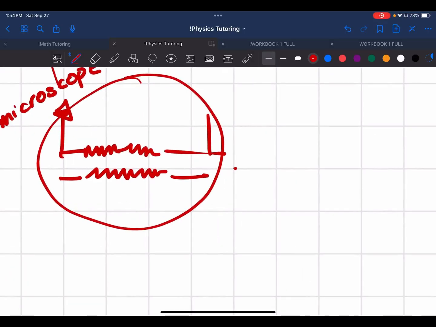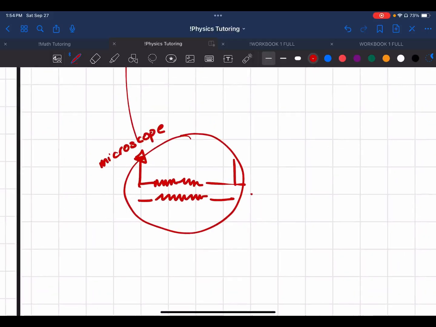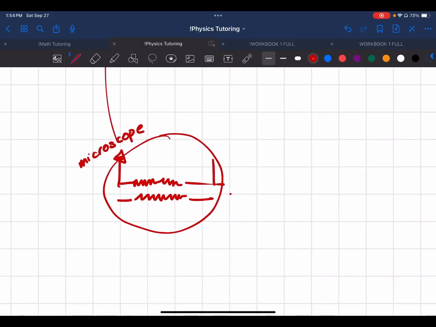Those little ridges are resisting motion, right? Each one of those is not fully smooth. Nothing in this world is fully smooth. There's always going to be ridges on it.